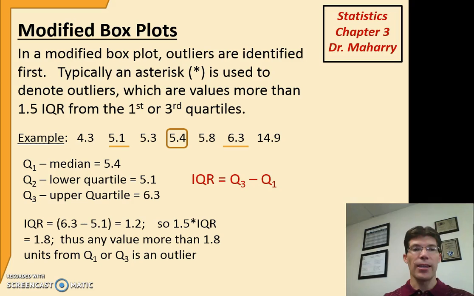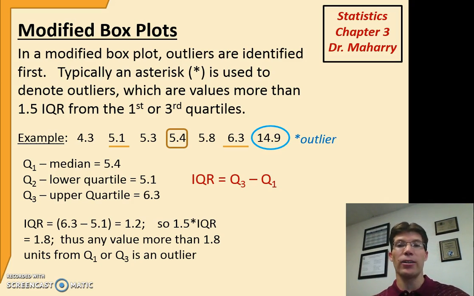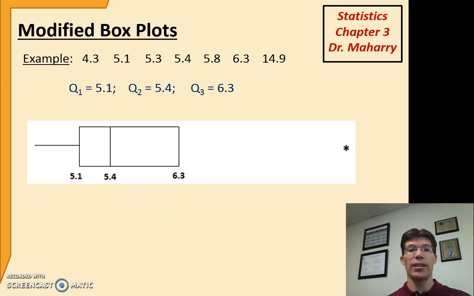In this case, 6.3 minus 5.1 is 1.2, and 1.5 times that gives me 1.8. So any value that is more than 1.8 units away from the upper or lower quartile would be an outlier. In this case, 14.9 is an outlier in this data set, because it is more than 1.8 units away from 6.3.